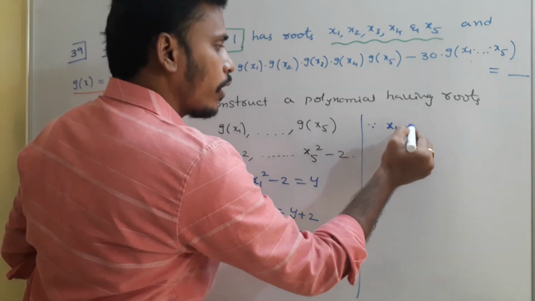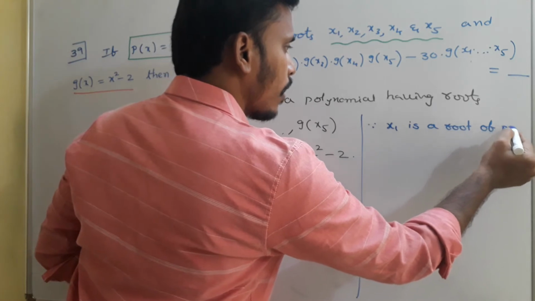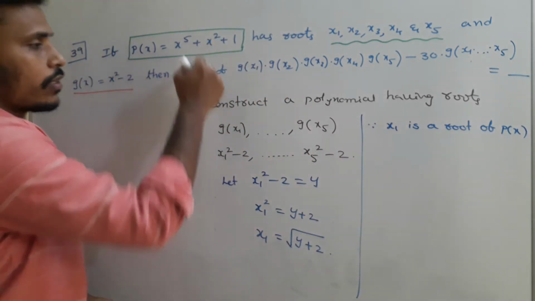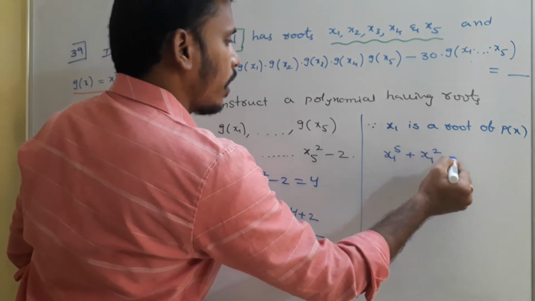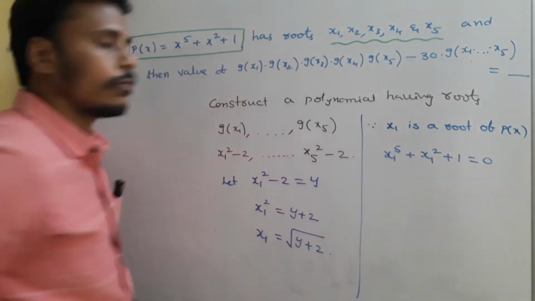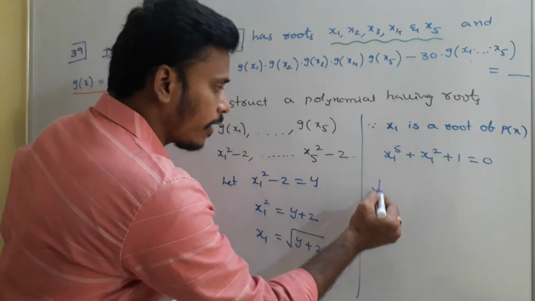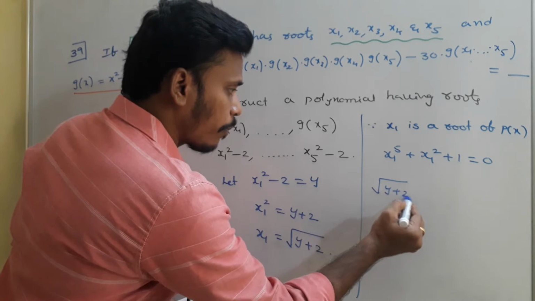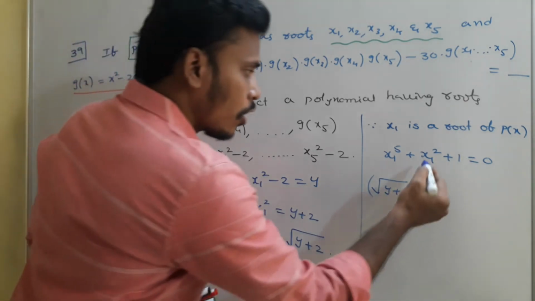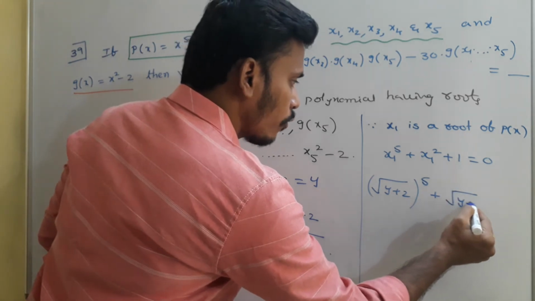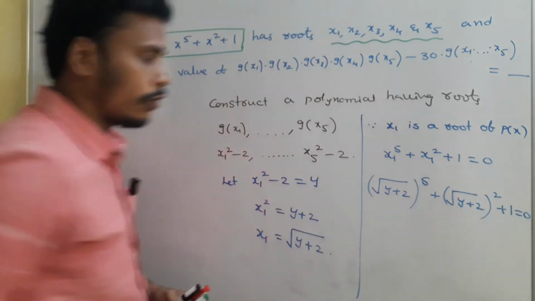Since x1 is a root of p of x, x1 must satisfy p of x. That in the sense, x1 power 5 plus x1 square plus 1 is equal to 0. Now x1 is this root of y plus 2, right? So root of y plus 2 to the power 5 plus root of y plus 2 whole square plus 1 is equal to 0.